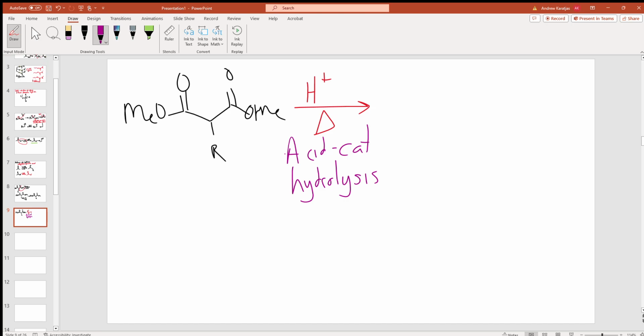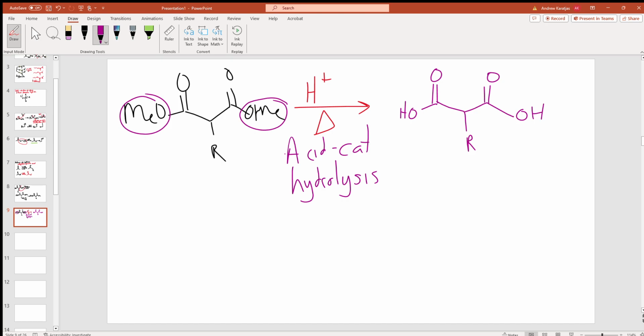What does a hydrolysis do? Well, recall that a hydrolysis will convert an ester into a carboxylic acid. Since the malonic ester here has two ester groups, it'll hydrolyze both of them. And so we end up with this diacid.